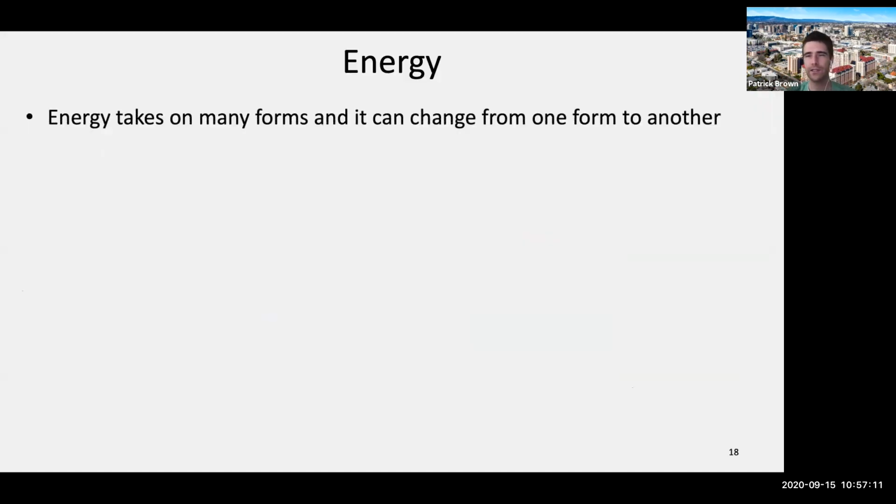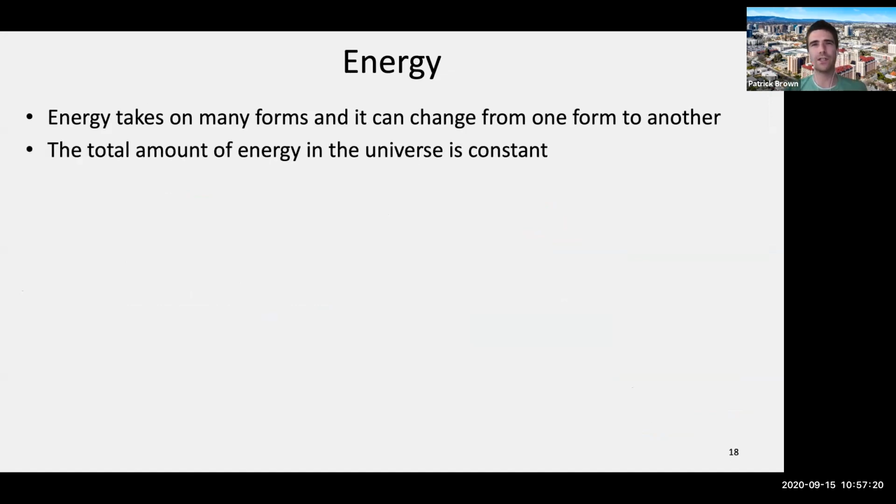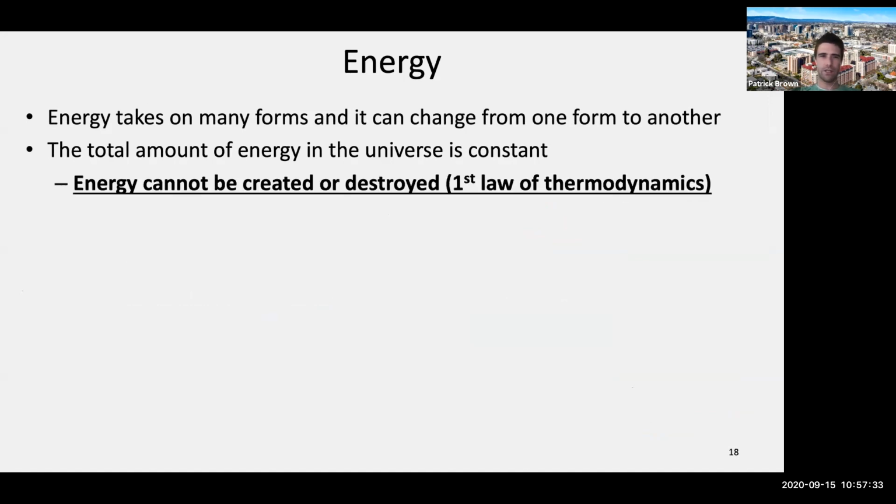Energy takes on many different forms and it moves around, but the total amount of energy in the universe is constant. Just like with carbon, which we talked about as a conserved thing, we don't create or destroy carbon on Earth. Energy is the same.